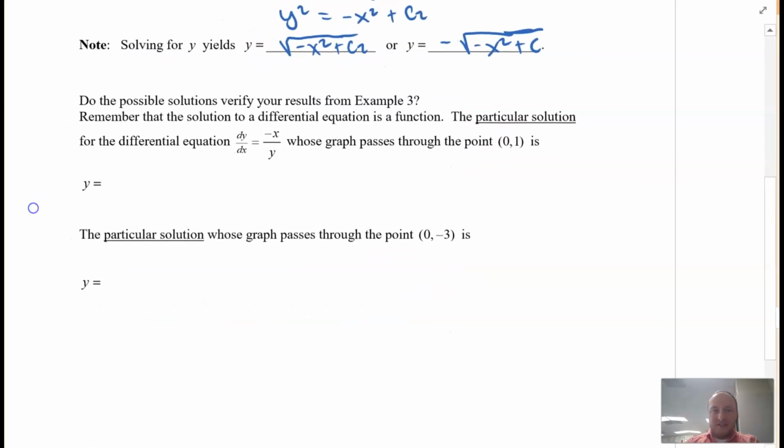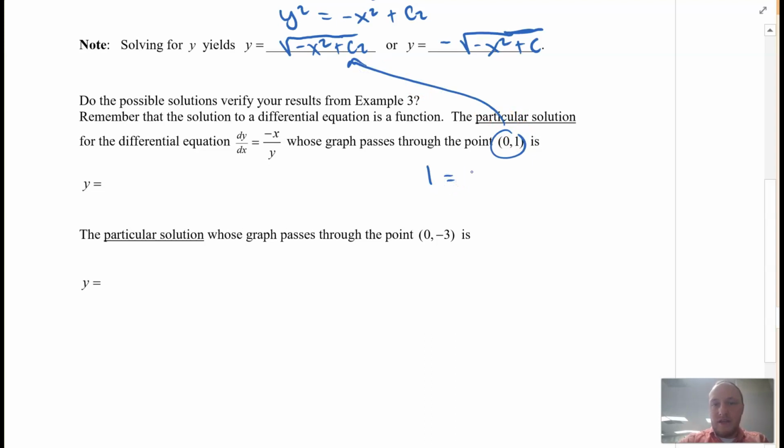Here it says, remember that the solution to a differential equation is a function, and the particular solution will pass through a certain point. So I want to solve, what about through the point (0, 1)? Notice that this point has a positive y value, so I'm going to use my first equation and plug it in.